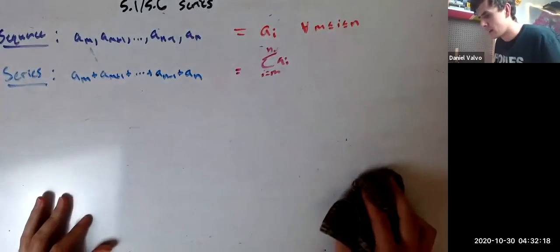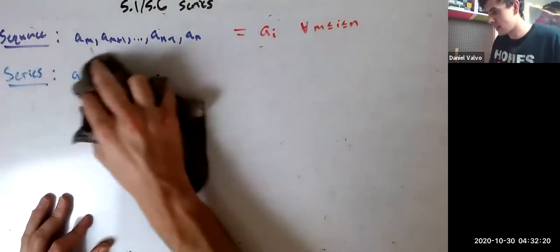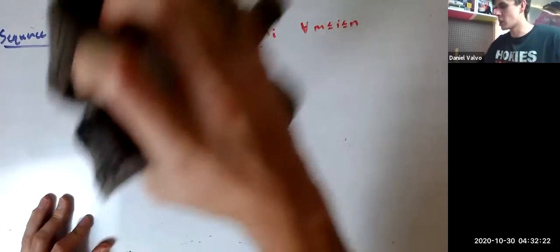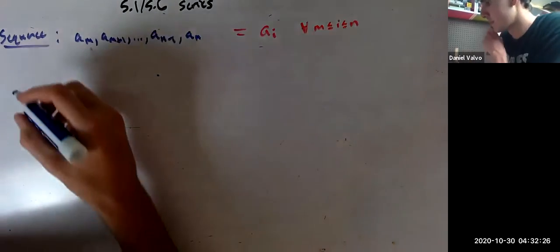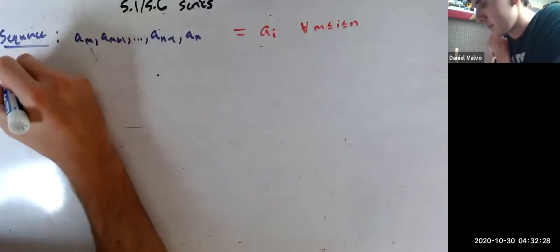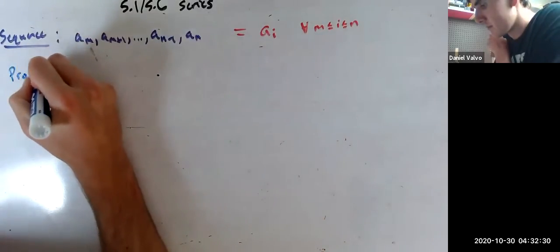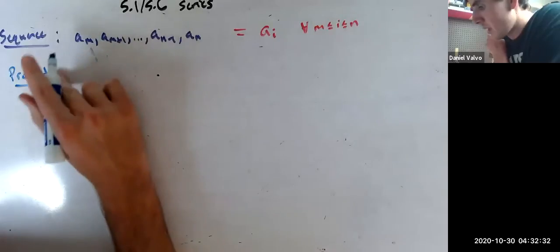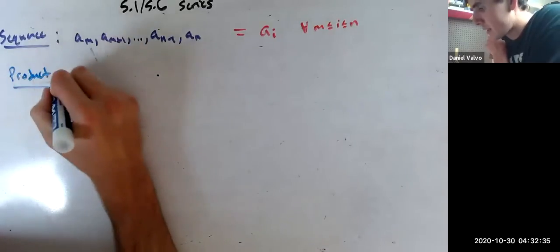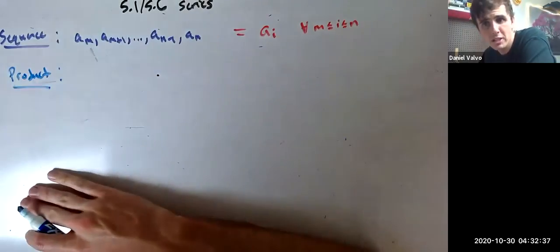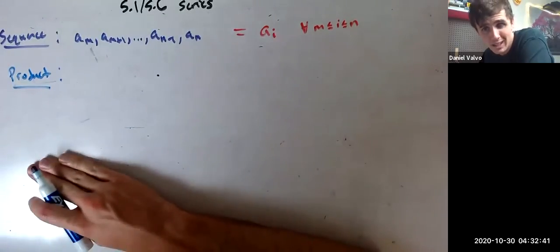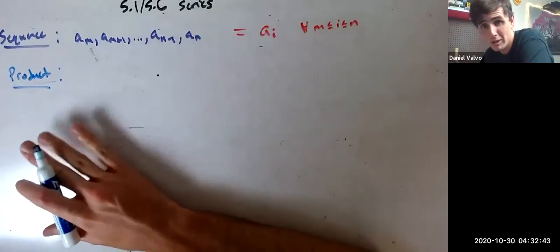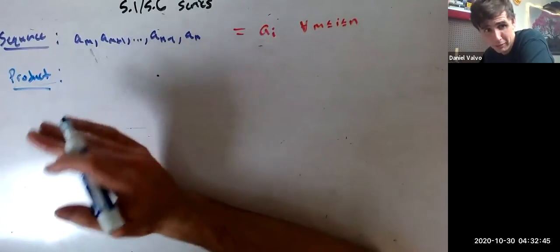All right. So next, real quick, this is super similar, so I'm not going to spend too much time on it. Let's look at the product. So the product is just like the series we just talked about. The series, the sigma notation thing, the series sums over a sequence, products multiply over a sequence.